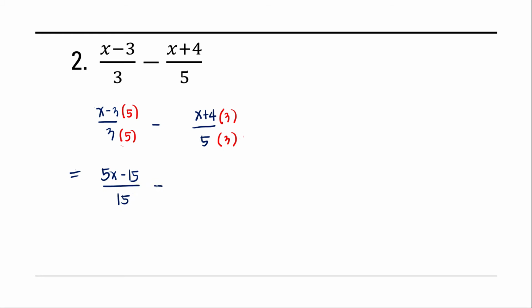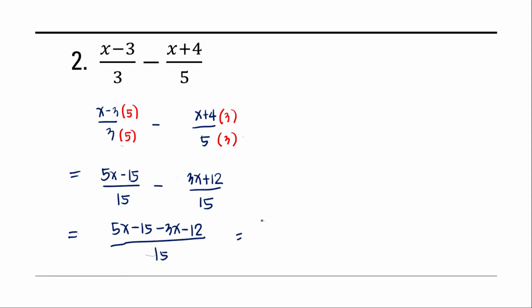Minus, so we have to multiply 3 by x plus 4, so that is 3x plus 12 over 15. 5x minus 15, and then this now becomes negative 3x, and 12 becomes negative over 15.